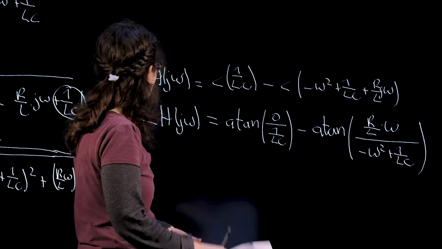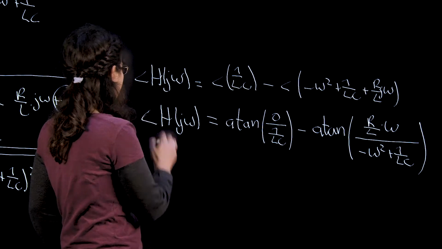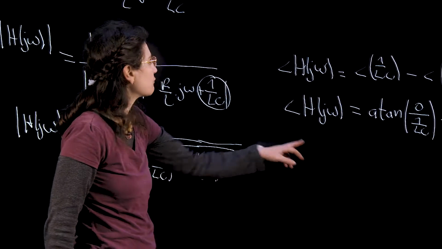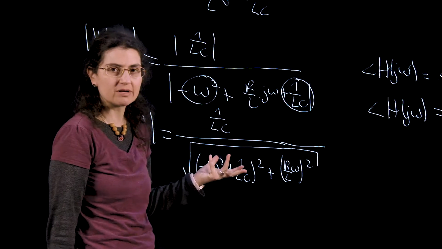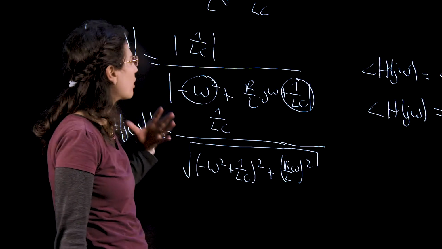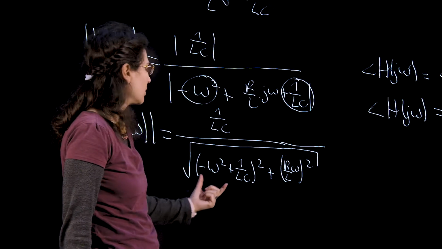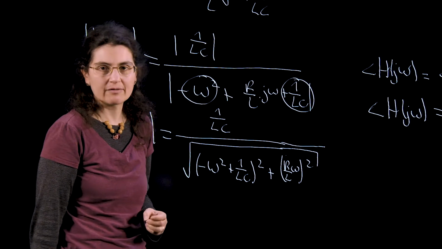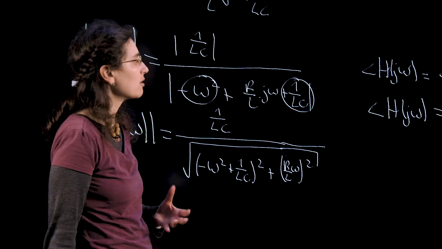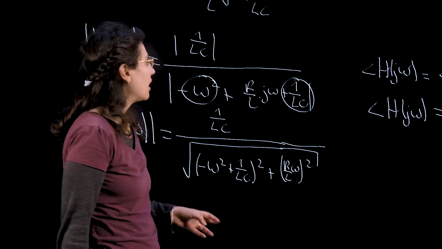Now usually we would try to calculate analytically, for instance, for three key points: for very, very small frequencies that tend to 0, for omega equals omega 0, which is my resonance frequency, and for very, very large values of omega, when omega tends to infinity.